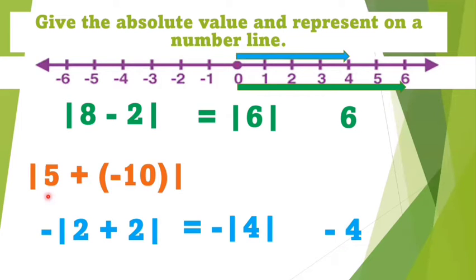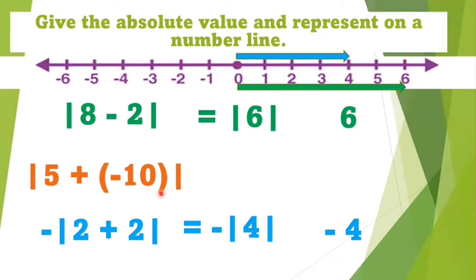Now, we have two signed numbers. We have the positive and also the negative. If you encounter this kind of operation on integers, since they have different signs, what we will do is find the difference between them. We have 5 plus negative 10, which means we subtract 5 from negative 10.